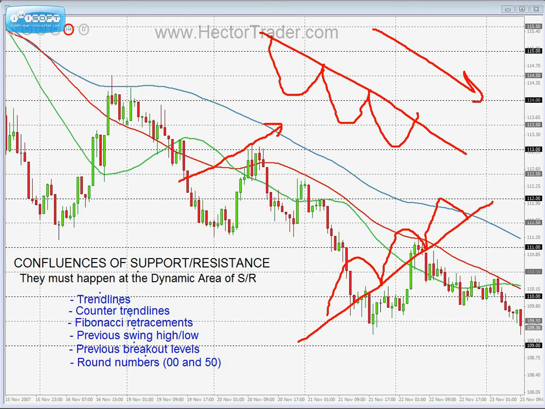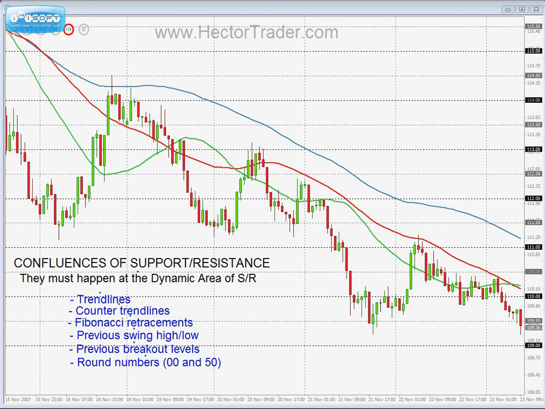I know this might seem a little bit difficult to understand, but no worries. In a few minutes, I'm going to show you some real examples of what a counter trend line is, and you will understand it very quickly.